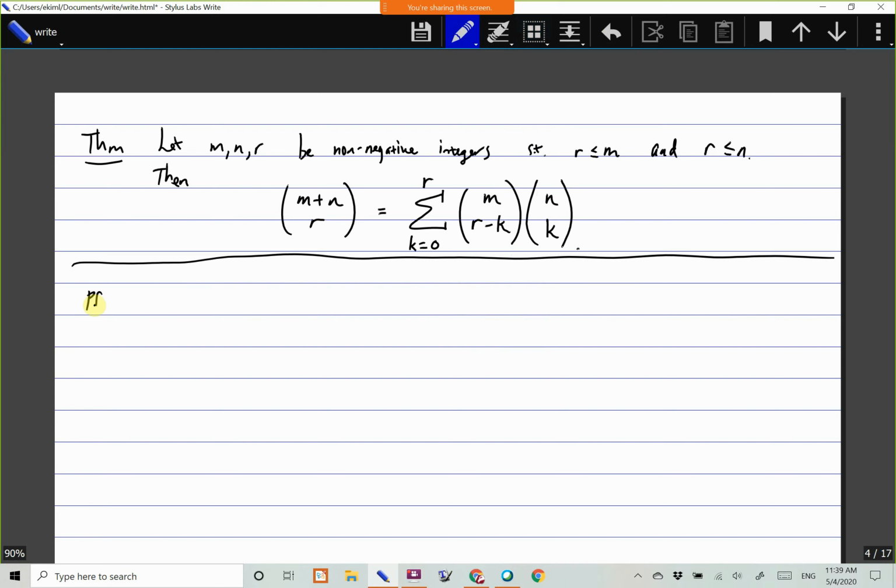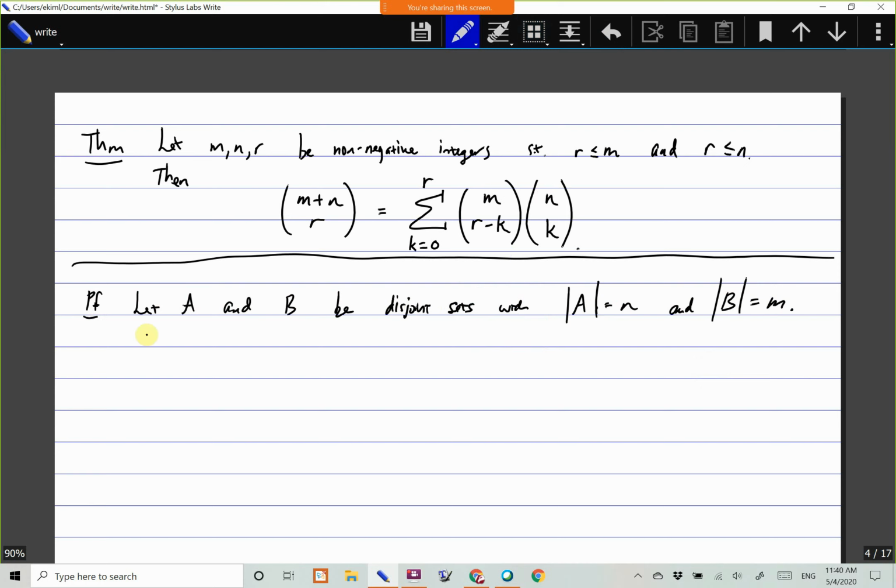So in starting the proof, let's do this: let capital A and B be disjoint sets, with the cardinality of A equal to n and the cardinality of B equal to m.